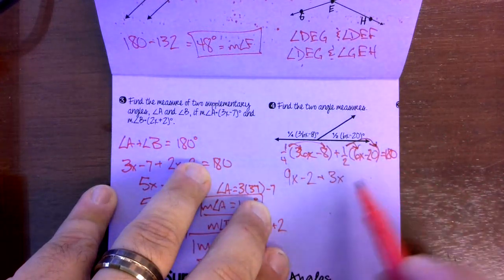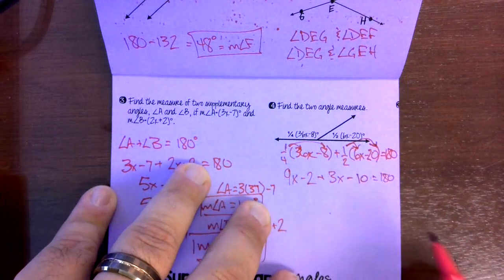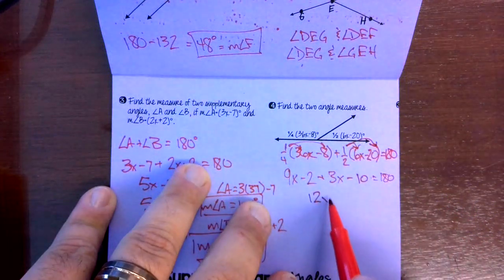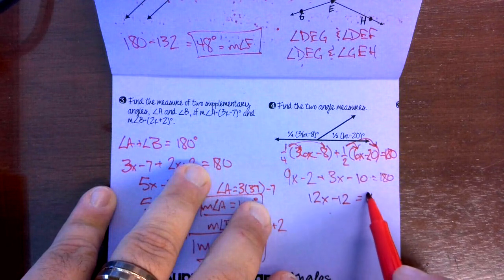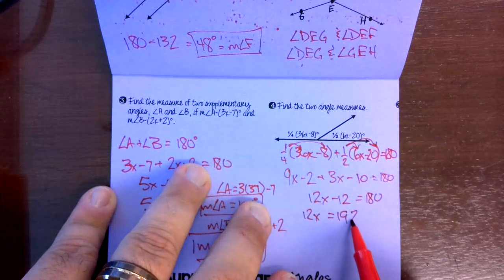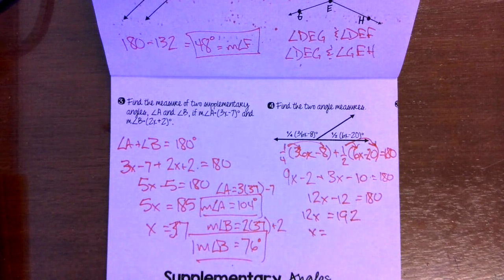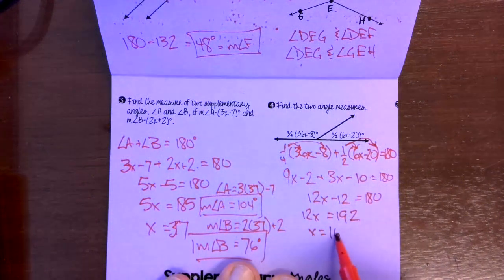And 1/2 times 20 gives me a minus 10. Then collect like terms, add the 12, divide by 12, and it gives me 16.